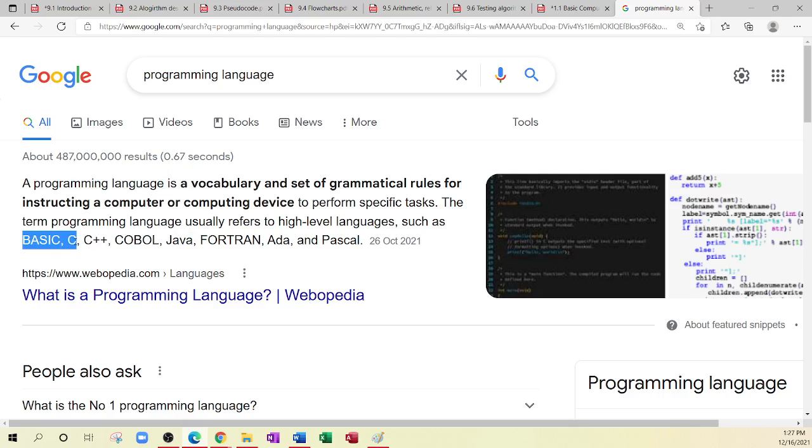We have BASIC, C, C++, COBOL, Java, Fortran, Ada, and Pascal. Those are all examples of programming languages. And Pascal is actually what we will be learning about. It's a very basic programming language that gives you a general understanding as to how programming languages work.